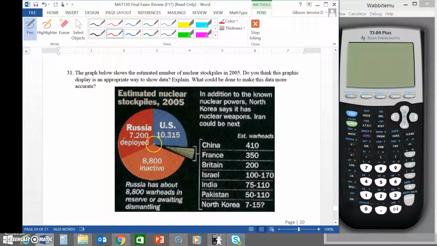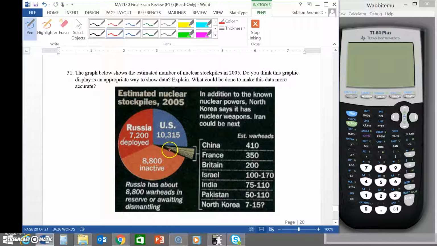Now, it says what could be done to make this data more accurate. What could be done is if you added all of these up and then divided by their total number, then you could write them in as percents. You could write them up either as percents, as a table, or if you do a graph, you would have to do the graph where the pieces are cut more representatively, because right here you notice 10,315 should be a bigger piece of the pie than both of these, and it's not.